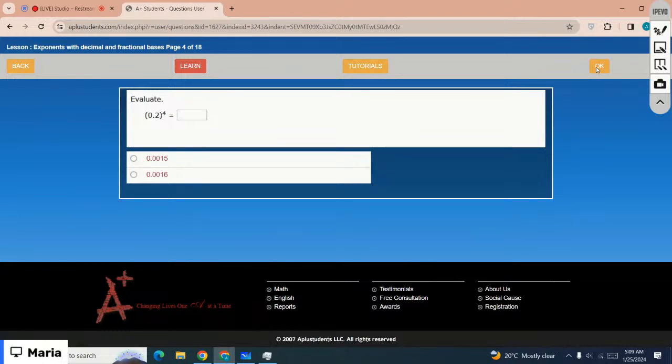The next one is 0.2 exponent 4. So which is the correct option?